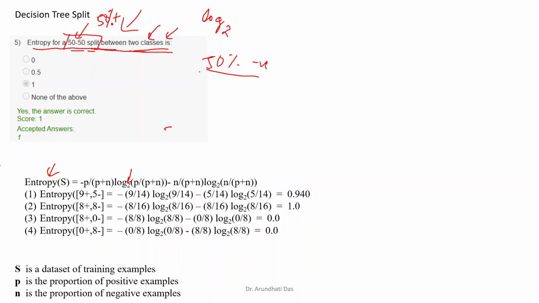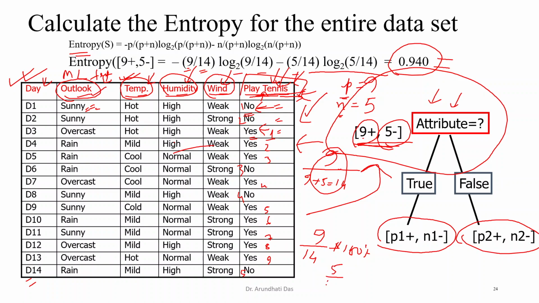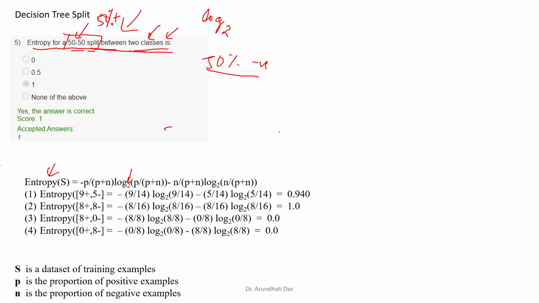That is what this question is asking. For the example I considered, I have a total of 9 plus 5, that is 14 samples, out of which 9 are positive. So this is the percentage of positive samples, whereas this is the percentage of negative samples. But for this particular question, 50% will be in the positive class and 50% in the negative class.